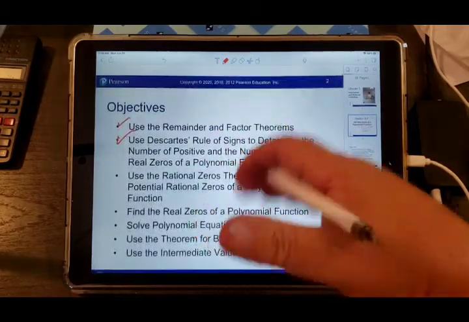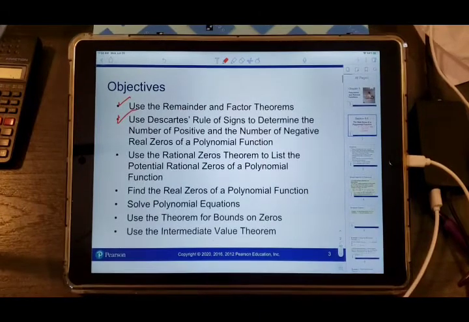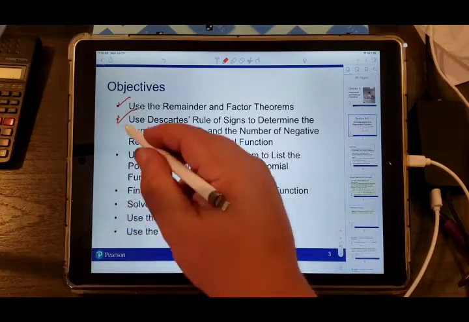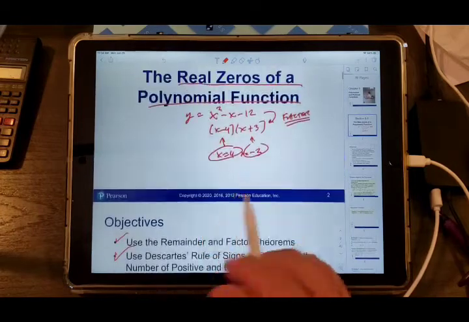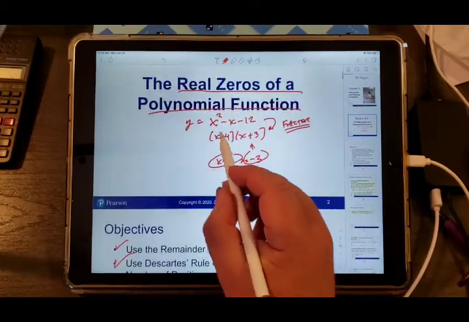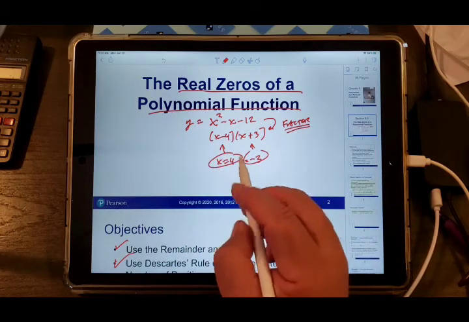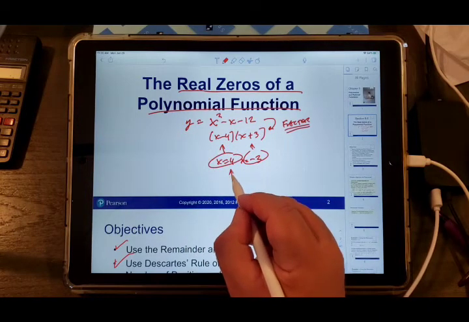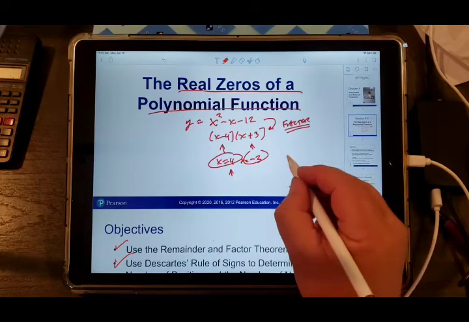So what's all this? Well, it's essentially saying sometimes you'll use these tools to find the factors, find the zeros, right? And also what I need you to understand for anything to make sense is if you know the zero, then you know the factor.